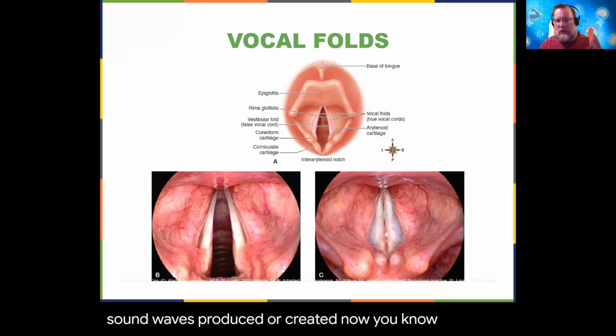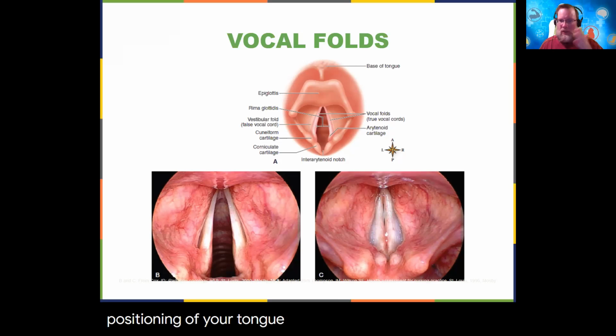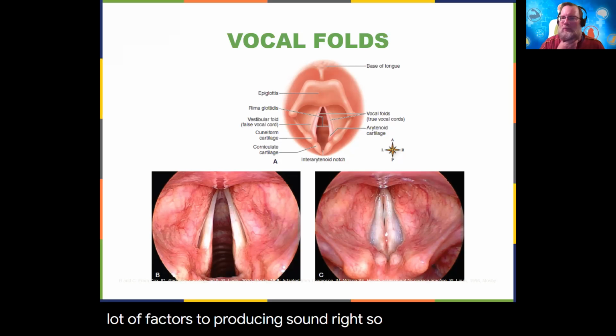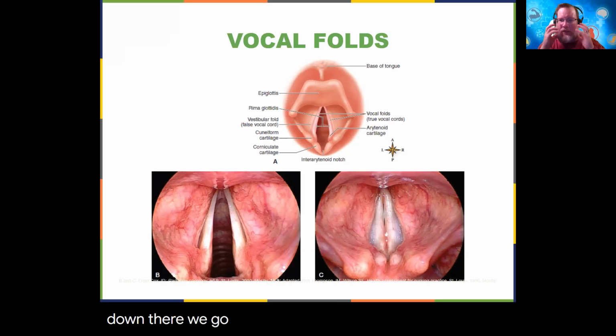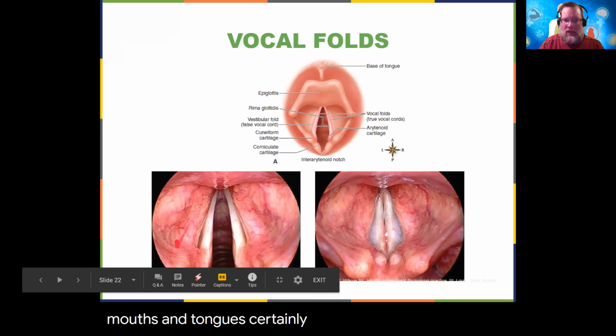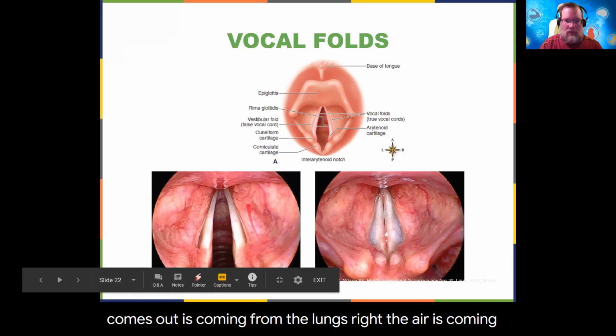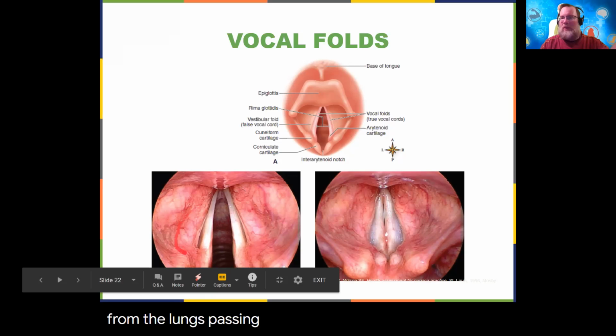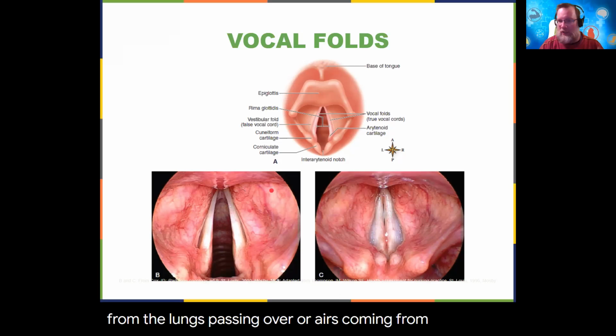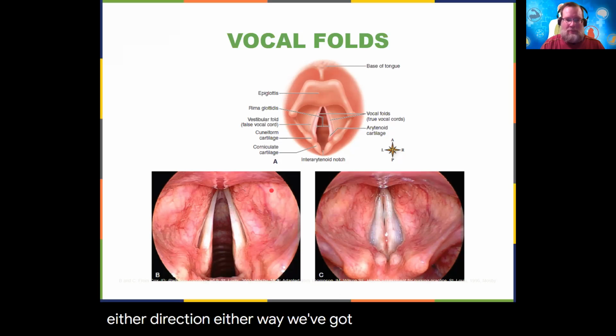Now, positioning of your tongue, there's a lot of factors to producing sound, right? There's a lot of muscles down there. There's a lot of stuff we can do with our mouths and tongues, certainly. But the sound that comes out is coming from the lungs, right? The air is passing by, and that's allowing these to rattle.